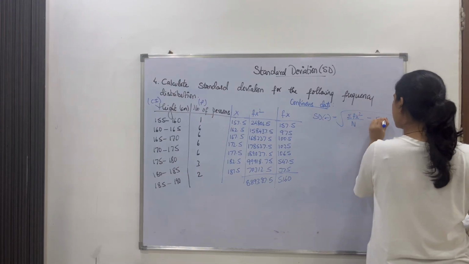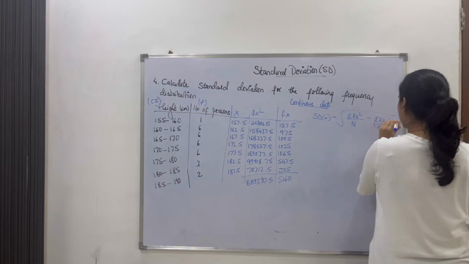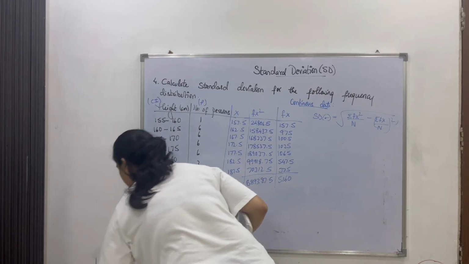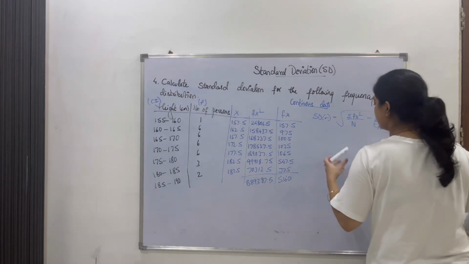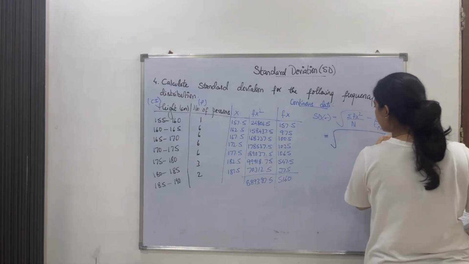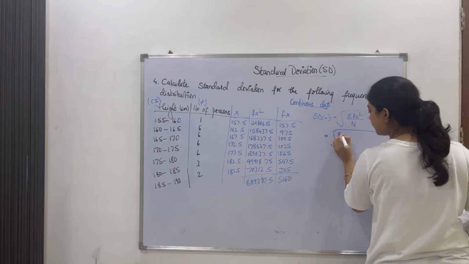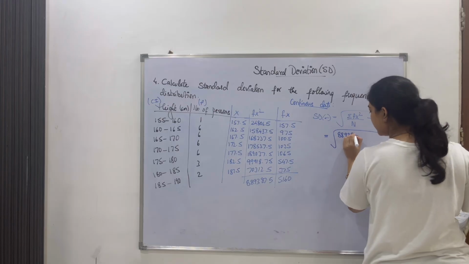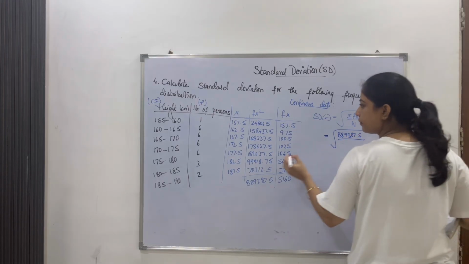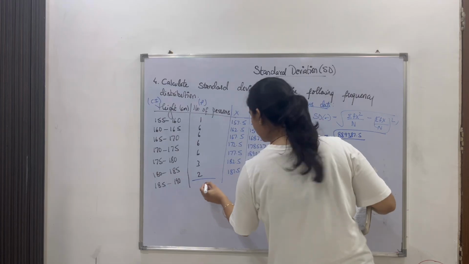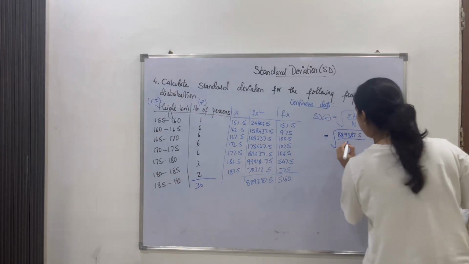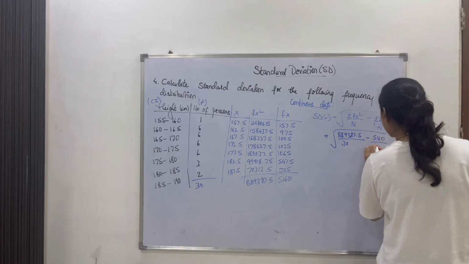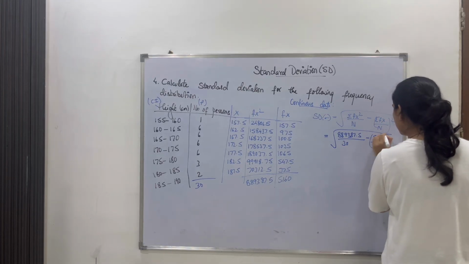n minus summation fx by n the whole square. So fx square is nothing but 889387.5 and total of f, which is nothing but 30, divided by 30 minus fx is 5160 by 30 the whole square.